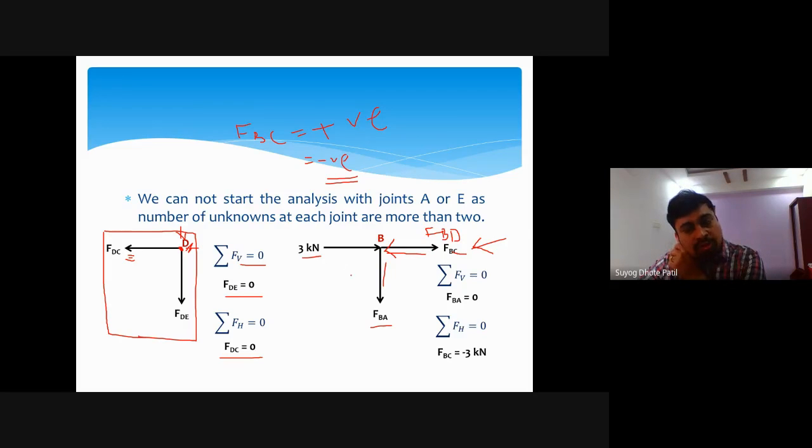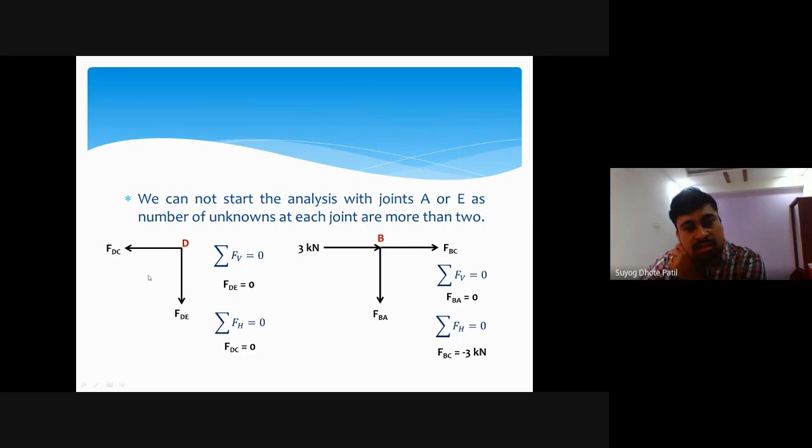So for the FBD of joint B, we have to calculate these two member forces, and we will apply the equilibrium equations.